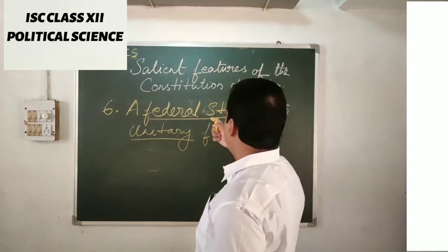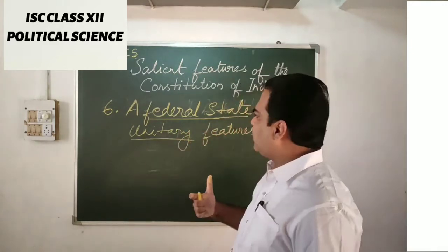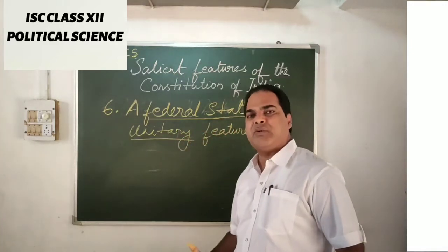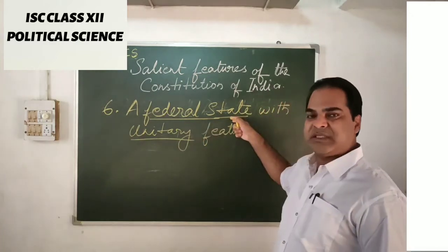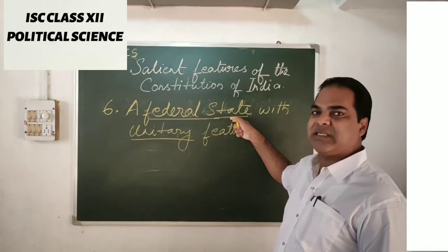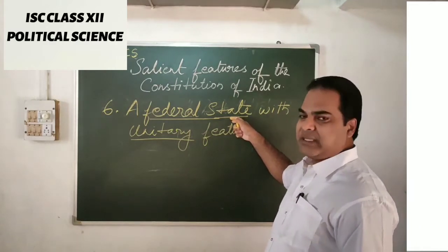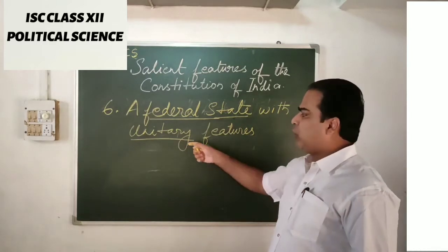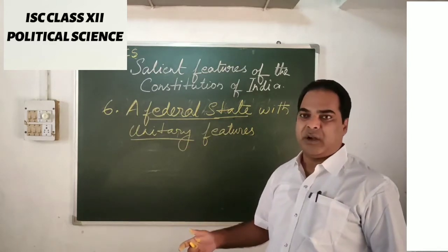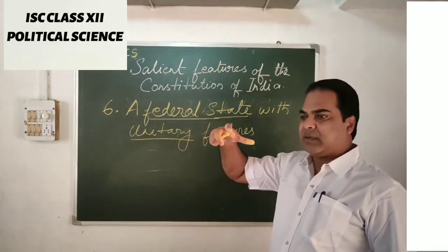So, federal state. What features of this type do we have in our constitution? Of course, we have a federal state. How many states are there in our country? 29 states are there, and these 29 states are under one centralized government, that is a unitary government, that means the central government. So all 29 states are under the central government.